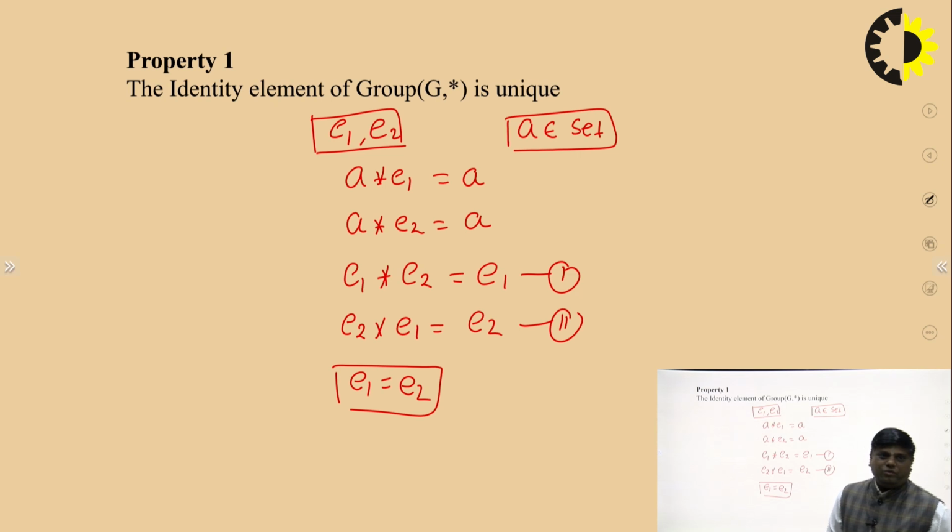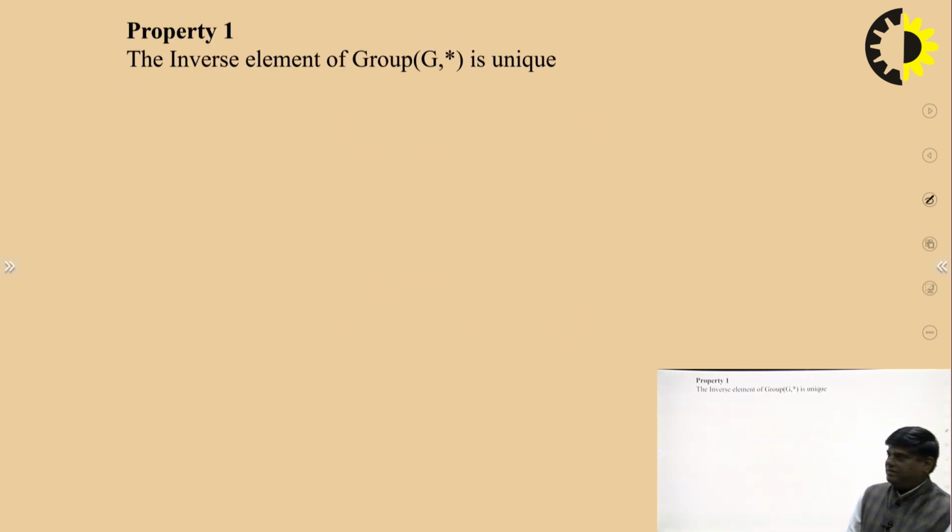Okay. Now we move to another important property of the group. That is, the inverse element of a group is also unique. We follow the same approach.